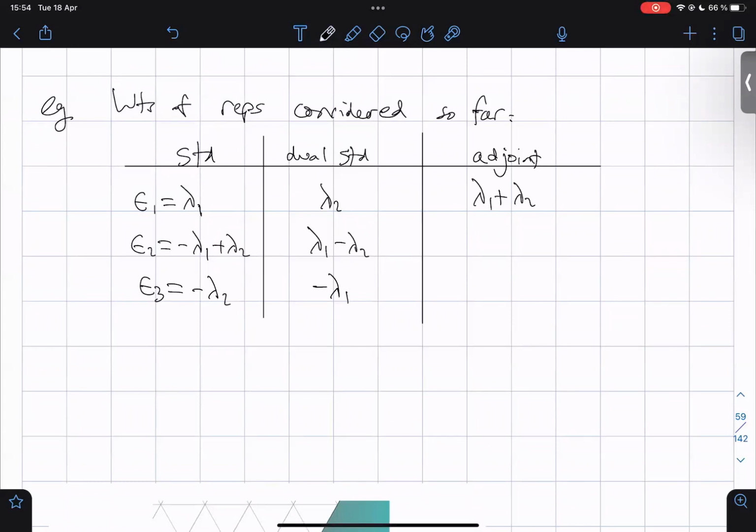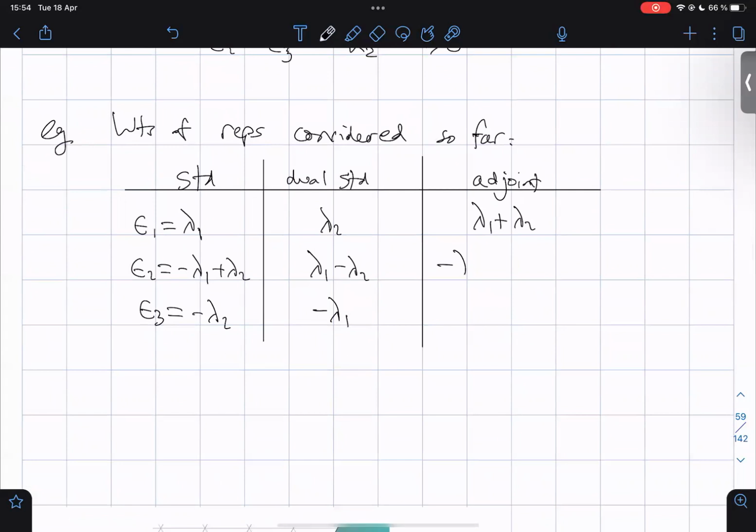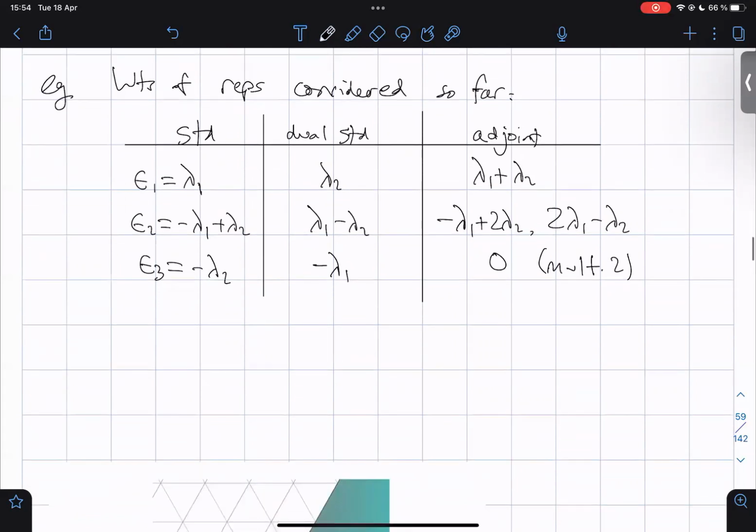Adjoint: lambda 1 plus lambda 2, minus lambda 1 plus 2 lambda 2, 2 lambda 1 minus lambda 2, you have 0 with multiplicity 2, then minus 2 lambda 1 plus lambda 2, lambda 1 minus 2 lambda 2, and lastly minus lambda 1 minus lambda 2.